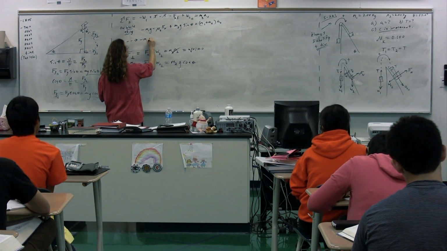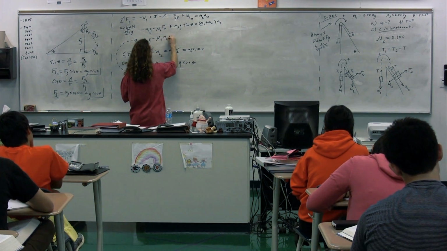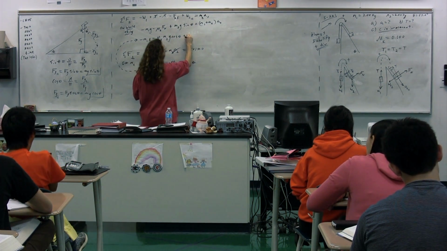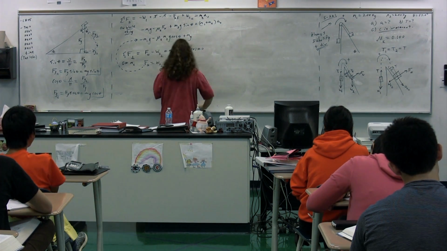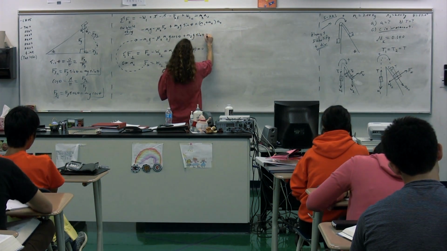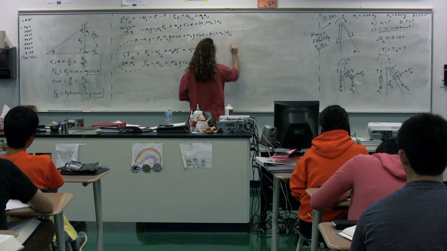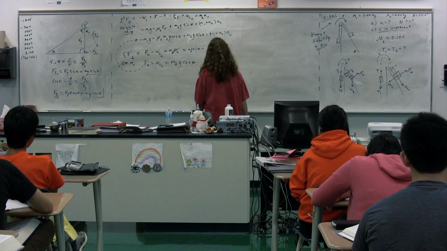We get negative mass 1 times the acceleration of gravity minus mu k times the force normal, which is mass 2 times g times the cosine of theta, plus mass 2 times g times sine of theta equals mass 1 plus mass 2 times the acceleration in the parallel direction. Our goal is to solve for the acceleration in the parallel direction.